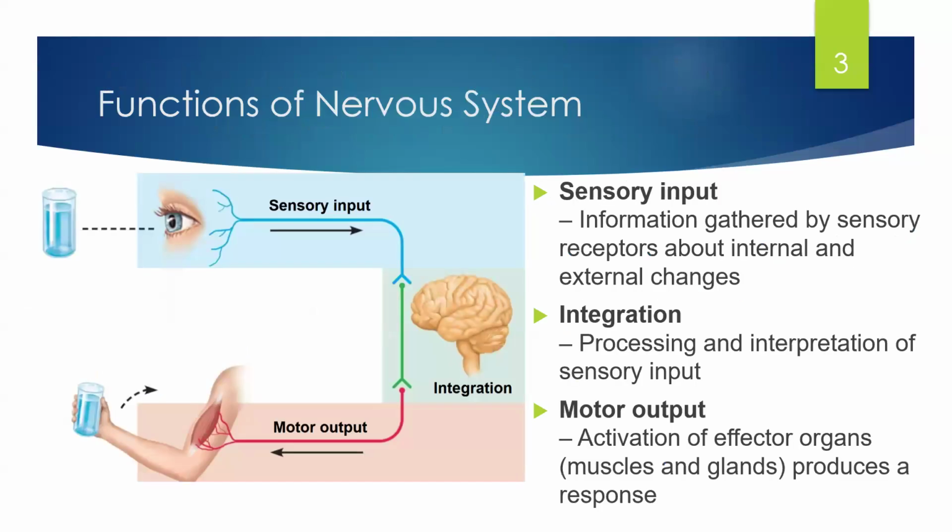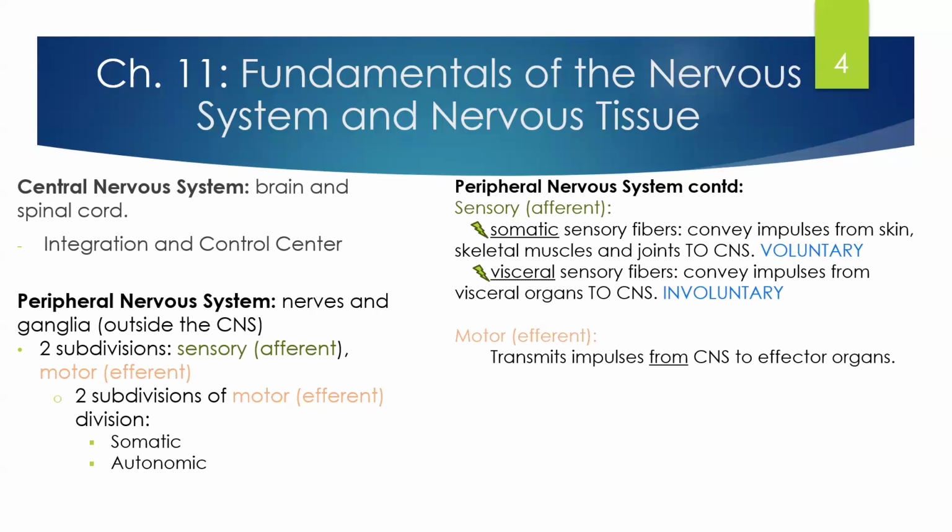So central nervous system, brain, and spinal cord. And then we have our peripheral nervous system, which are the nerves and ganglia, and these are outside of our central nervous system. Our central nervous system is more like the midline of our body, brain and spinal cord. Peripheral is everything else.